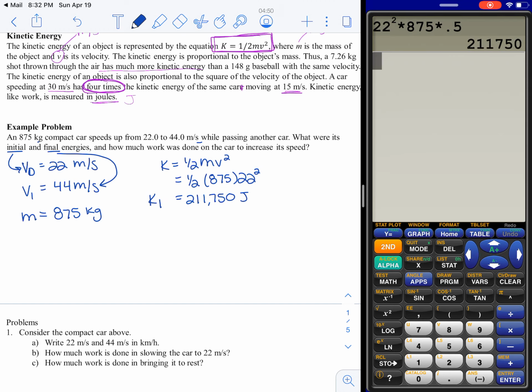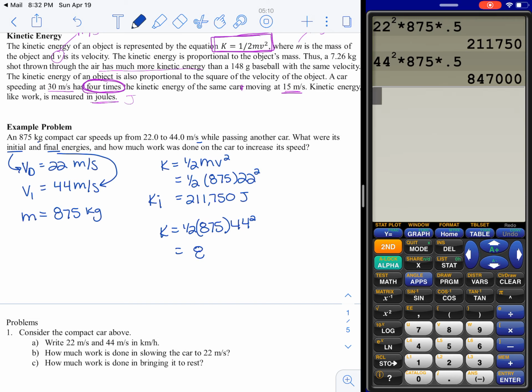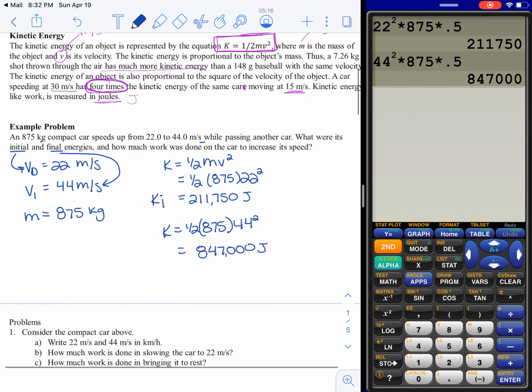This is our initial. Our final kinetic energy, we're going to use the same mass, but the final velocity. And its final kinetic energy is 847,000 joules.